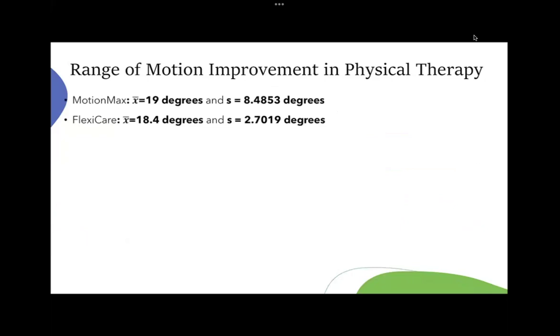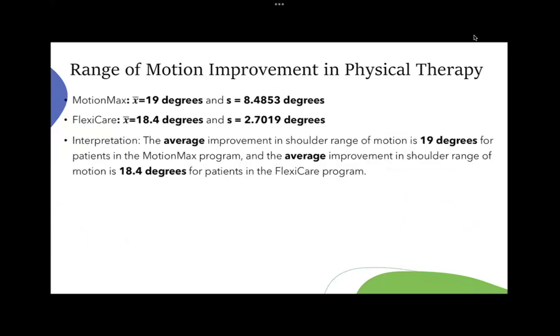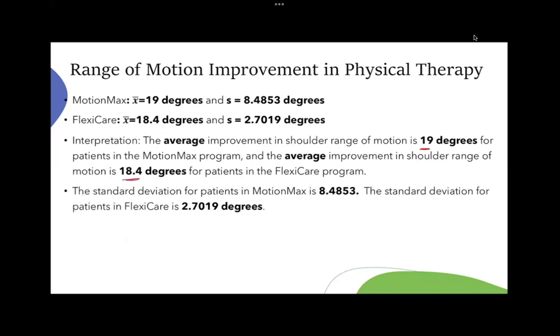So putting these all together, the average improvement in shoulder range of motion is 19 degrees for patients in the Motion Max program. The average improvement in shoulder range of motion is 18.4 degrees for patients in the Flexicare program. And the standard deviation for Motion Max is 8.4853.